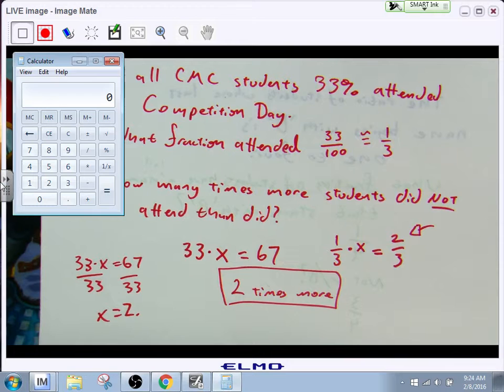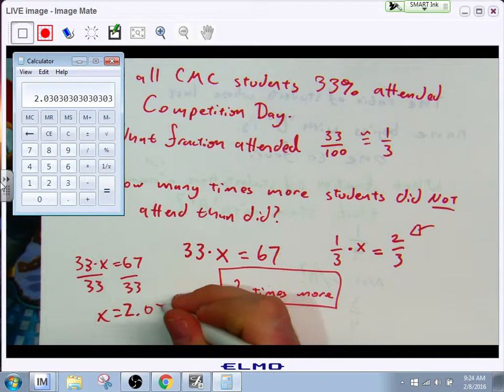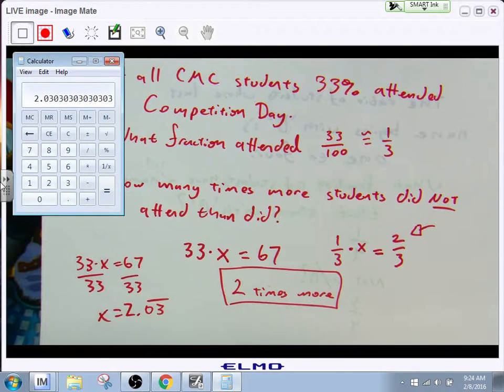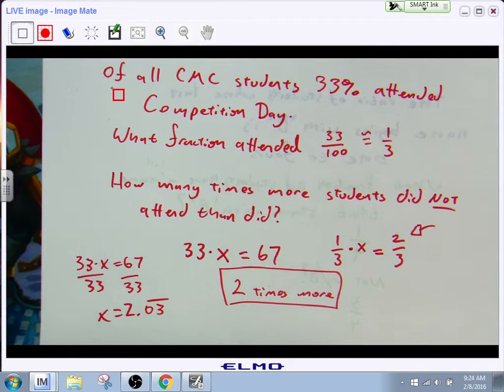Let's go ahead and do it. 67 divided by 33 is 2.03 bar, which is close enough for me to round to say that it's 2 times more. It's twice the number.